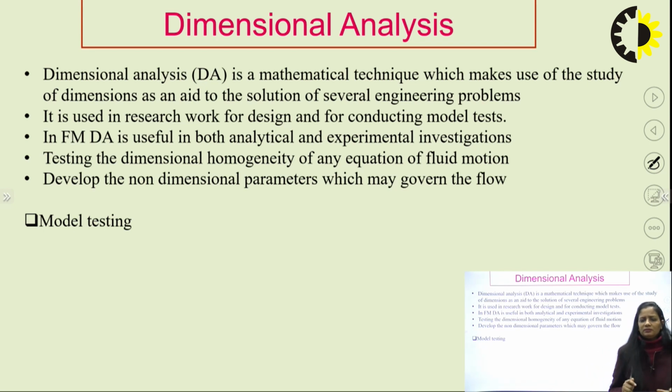But when we represent any kind of fluid flow problem or fluid phenomenon in terms of variables and write an equation, for example the equation of motion v equal to u plus at, where v is final velocity, u is initial velocity, a is acceleration, t is time, any equation must contain dimensional homogeneity.